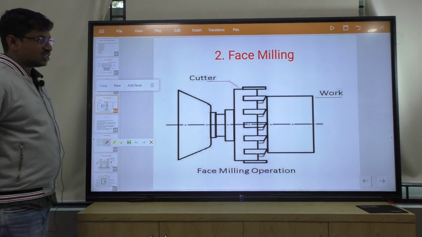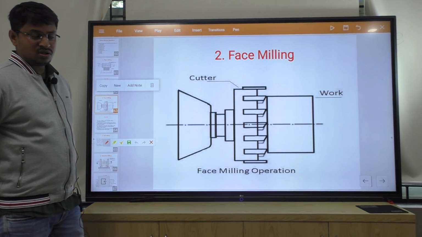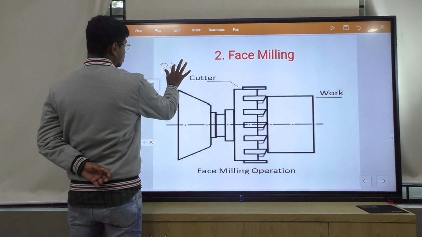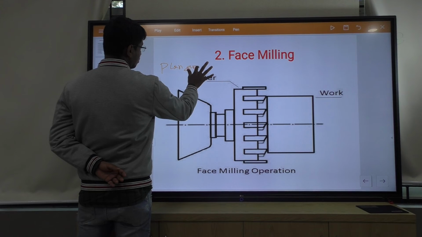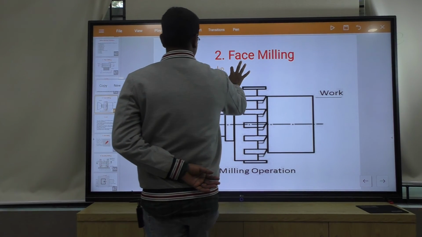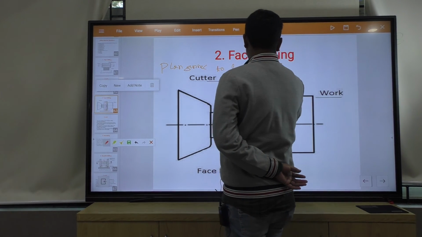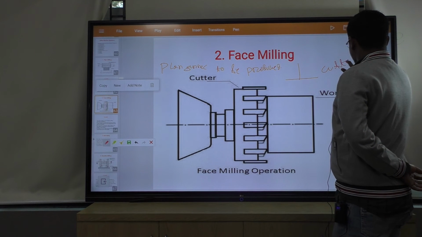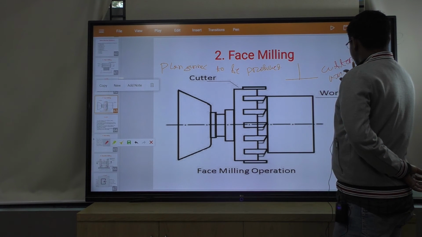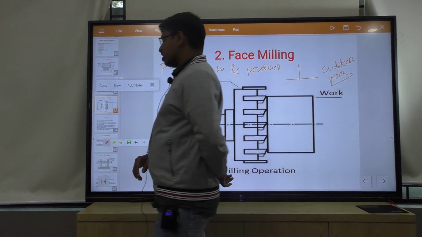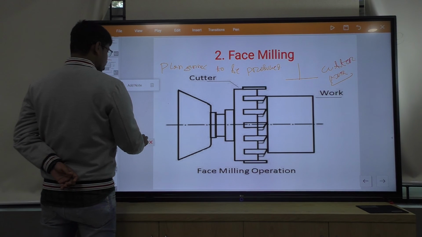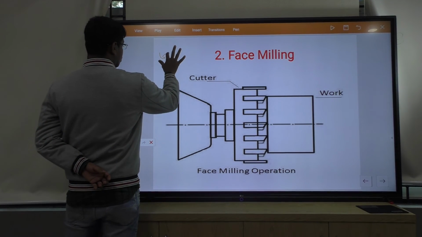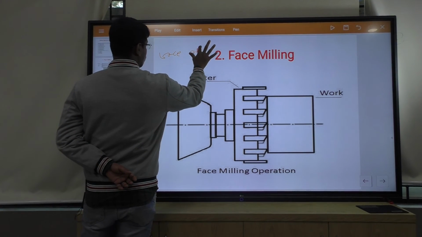If the plane surface to be produced is perpendicular to the cutter axis, it is called face milling. In face milling we use a face cutter.